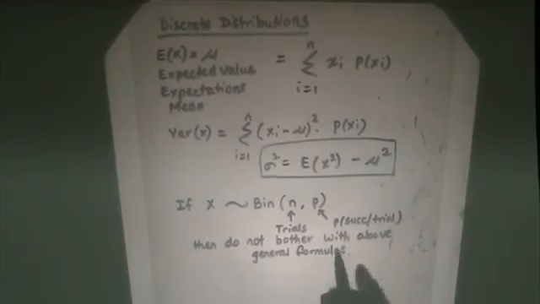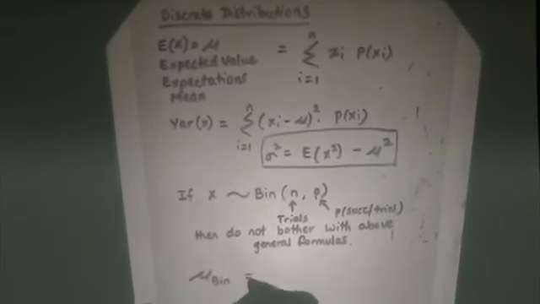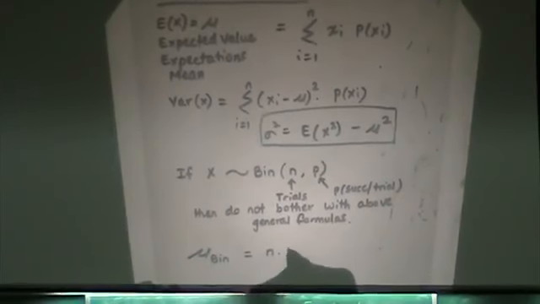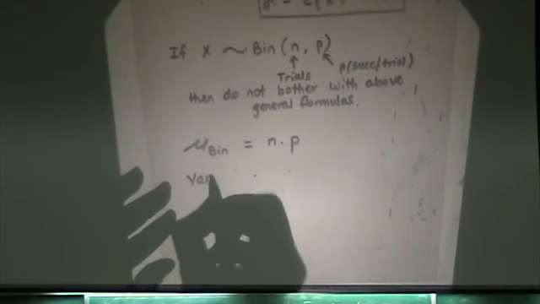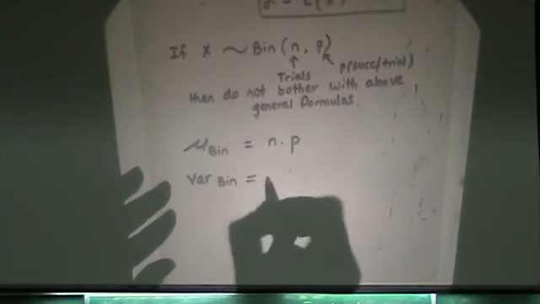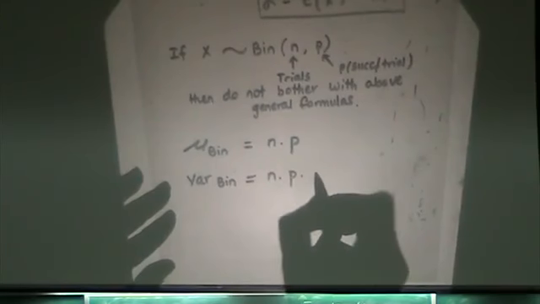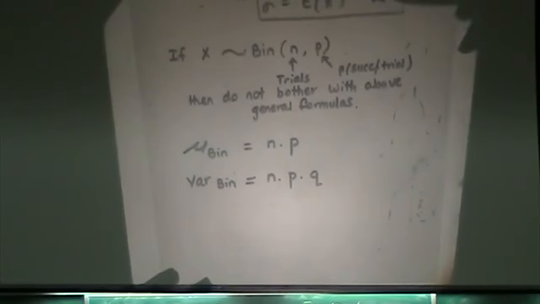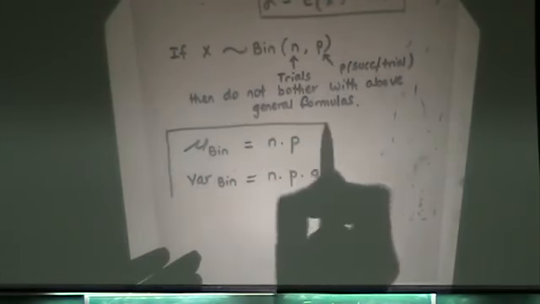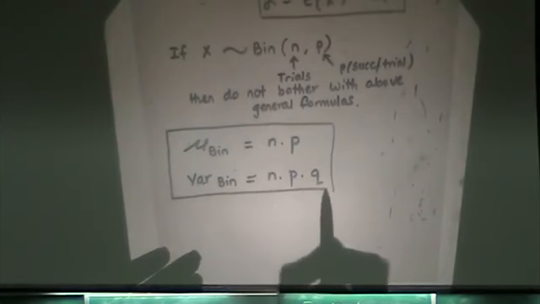Go straight to the fact that mu for a binomial random variable equals n times p. And variance for a binomial random variable equals n times p times q. So you don't have to bother with all this stuff, which took a long time to do last time. These will immediately give you the mean and the variance for a binomial random variable.